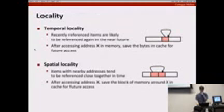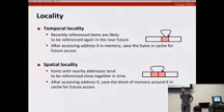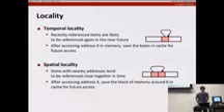When we're accessing stuff from memory, there's a property that makes caches useful called locality. This is the whole reason why having caches is a useful thing at all. The idea is that when we access data, it's probably going to be the case that we will either access that same data again sometime in the near future, or we'll access data that was stored nearby in memory.